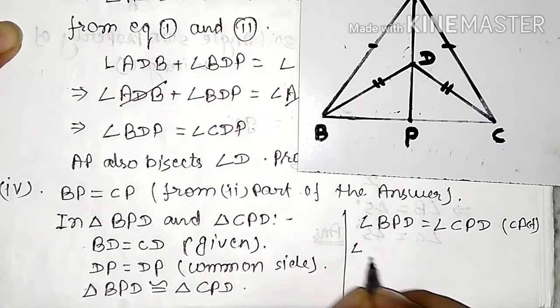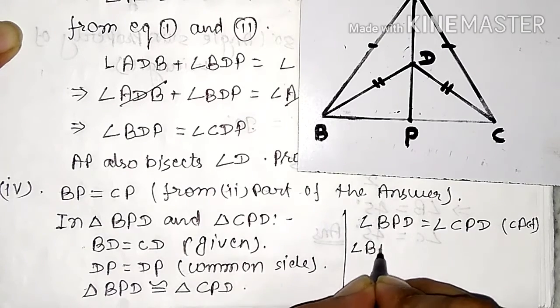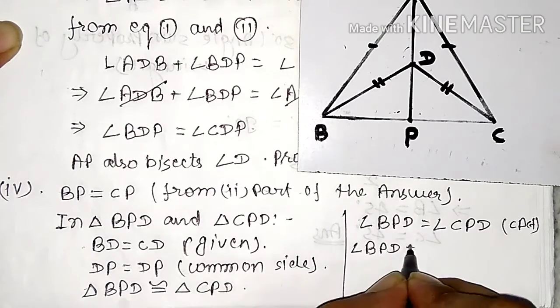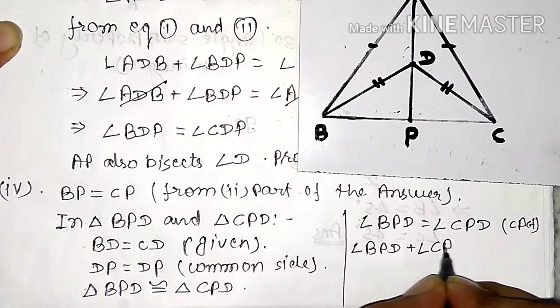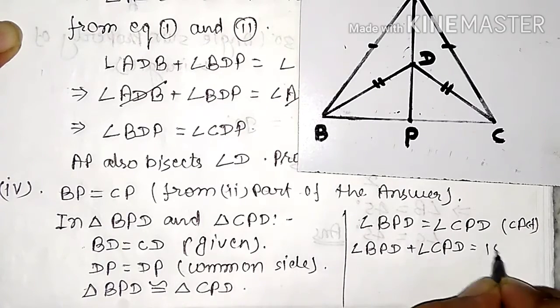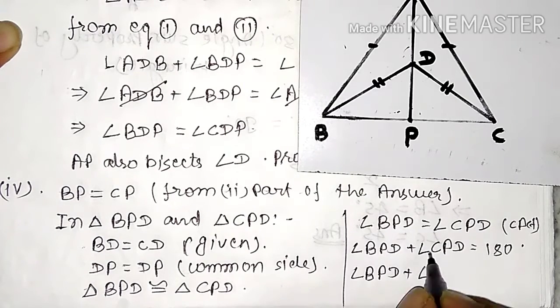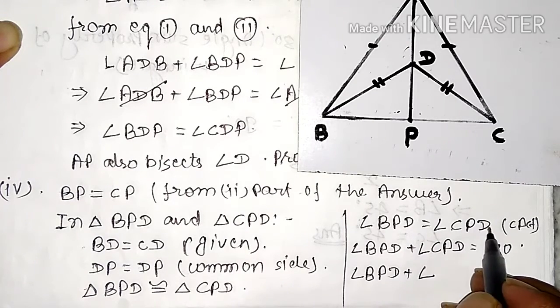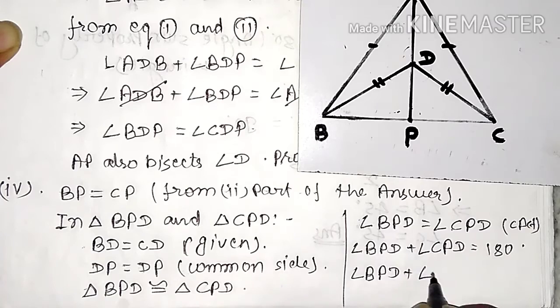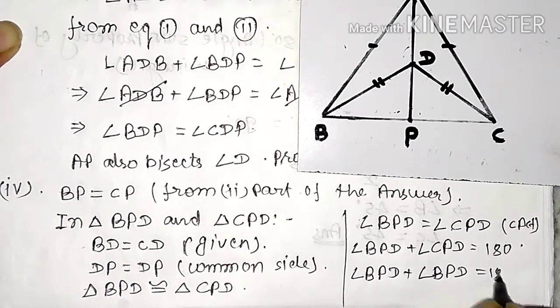So angle BPD plus angle CPD is equal to 180 degrees, and angle BPD plus, in place of angle CPD, angle BPD is equal to 180 degrees.